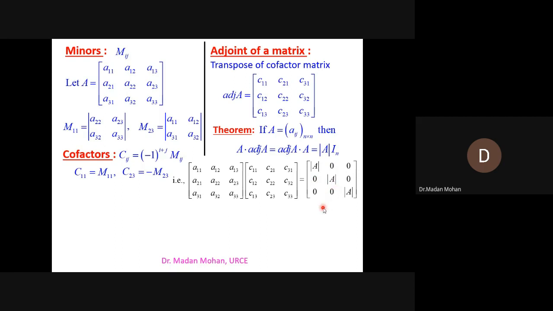Now, you can think like this. A is a matrix. Its children, the minors, with gender plus or minus, join together and form a big matrix called the adjoint. After forming this, they fight with the grandfather A. A into adjoint A: they clash with each other.